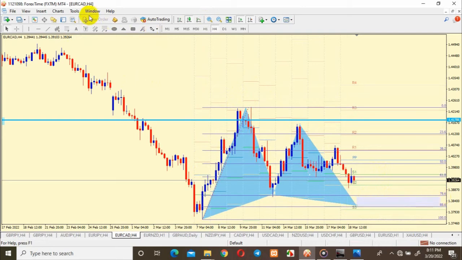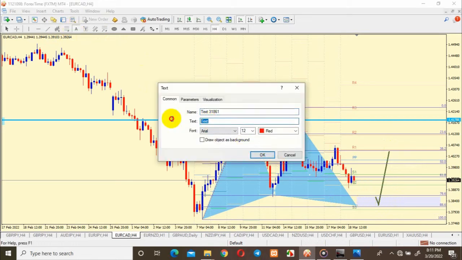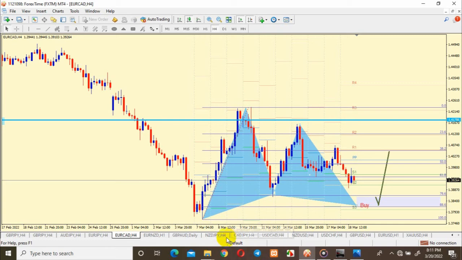So I expect when price drops here, price might bounce. So if you're looking for a buy trade, wait at this zone for our buy trade. So that is for Canadian.